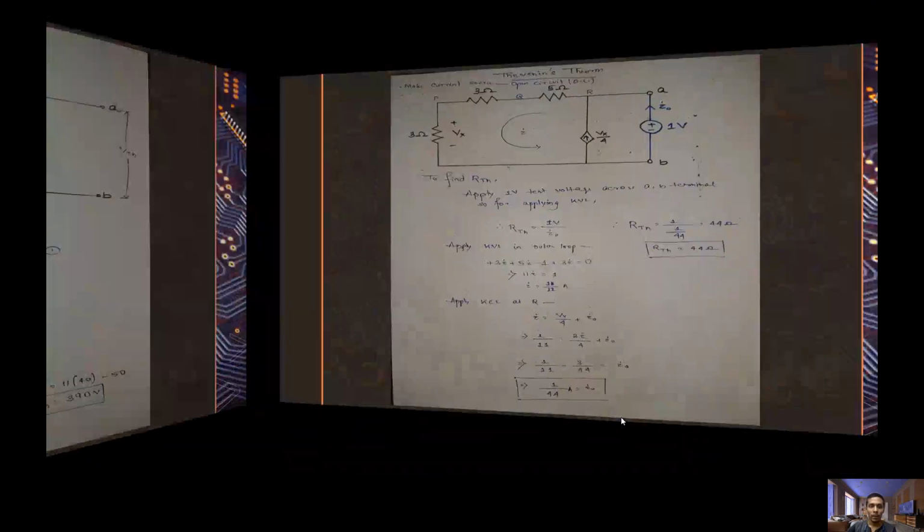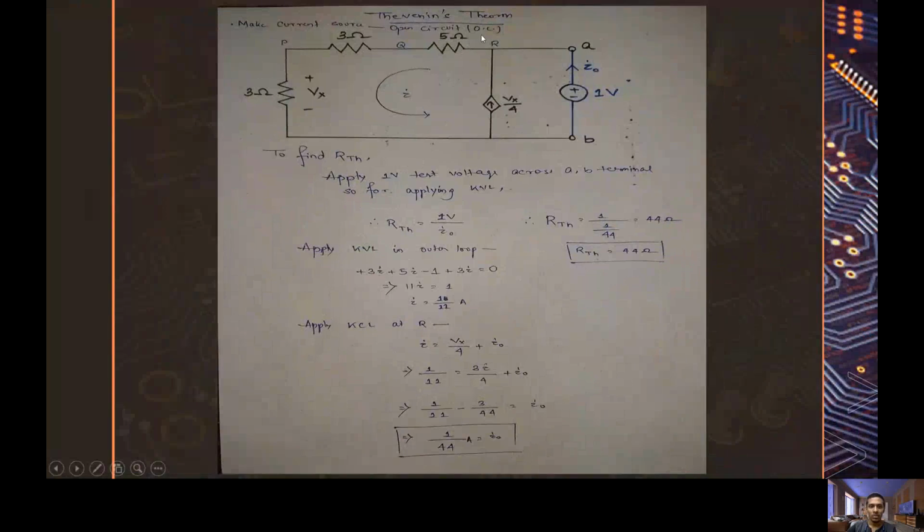For R Thevenin, we have to make the current source open circuit and put a test voltage of 1 volt across terminals A and B for applying KVL. R Thevenin equals 1 volt by I naught. We need to find I naught.